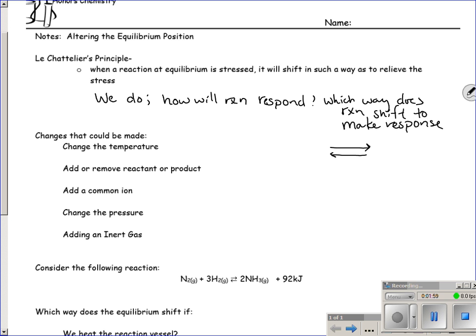If the reaction is shifting to the left, the reverse reaction runs and the concentration of the reactants increases and the concentration of the products decreases. And if the reaction shifts to the right, the concentration of the reactants decreases, the concentration of the products increases. So that's what I mean by shifting left and shifting right.